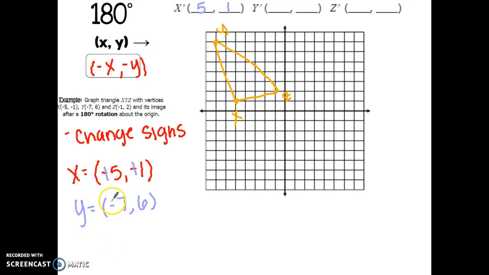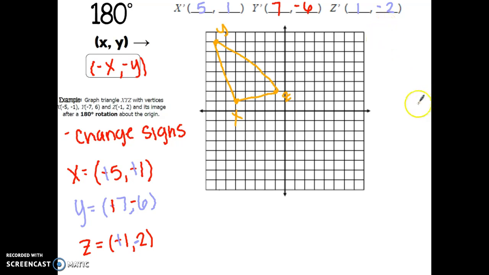So we change the 7 to a positive and the 6 to a negative. So our coordinates for Y prime become (7, -6). And for Z, we had (-1, 2). I will be changing that to a positive and my y to a negative. So Z prime should say (1, -2).